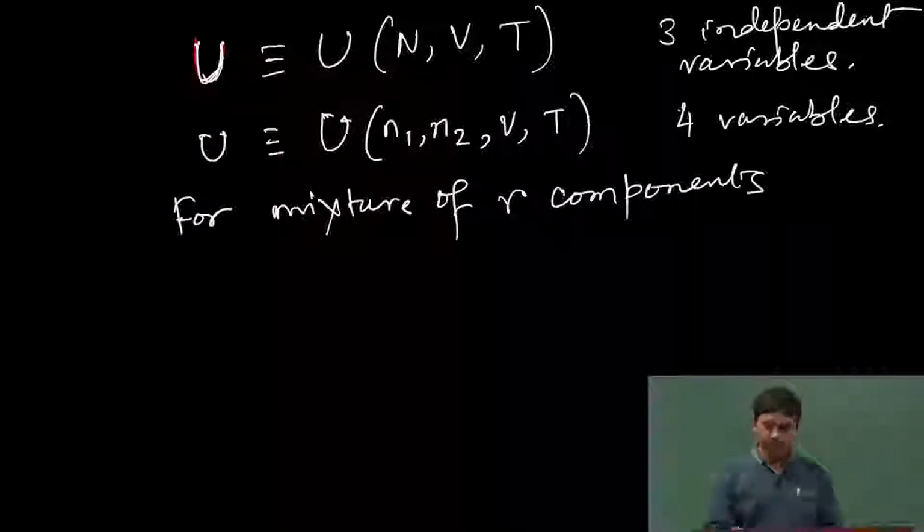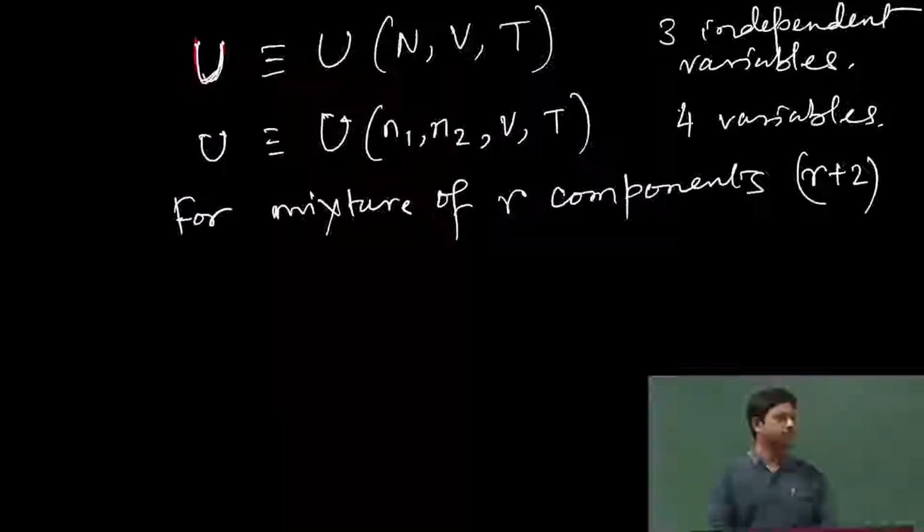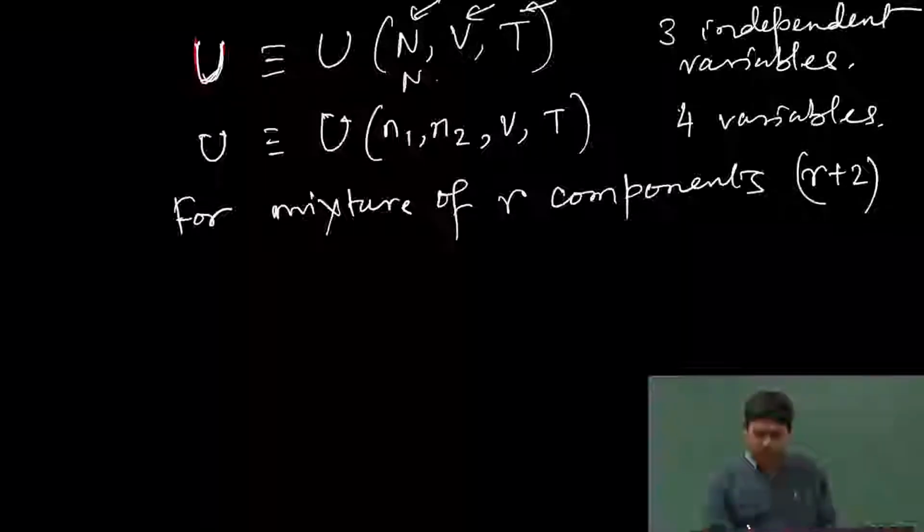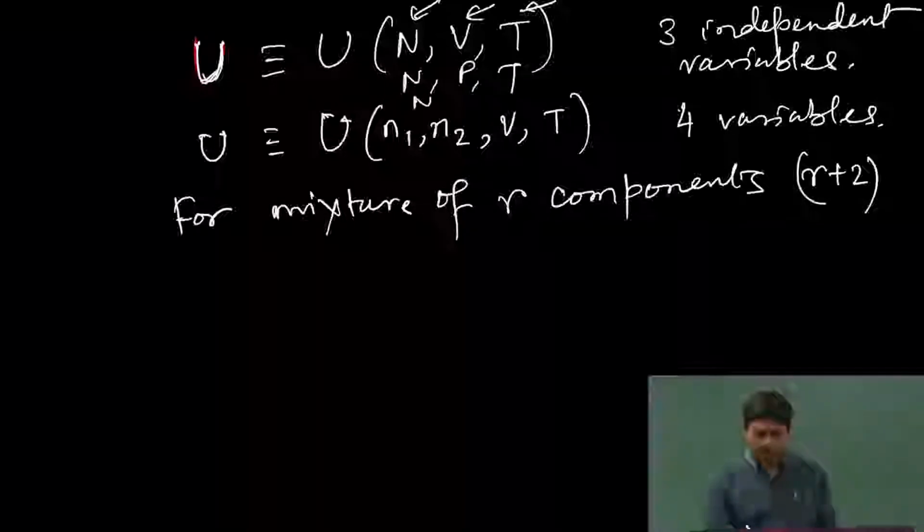For one component 3, so for R components there will be R plus 2 independent variables. The other variables will be dependent on those. Once you specify the number of moles, volume and temperature, or number of moles, pressure and temperature, or number of moles, volume and pressure, U can be determined from that.